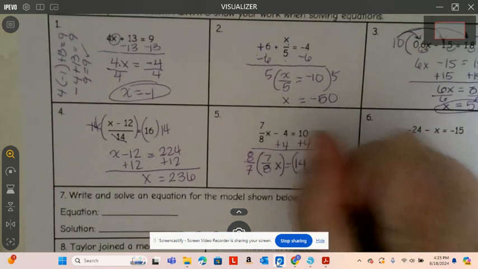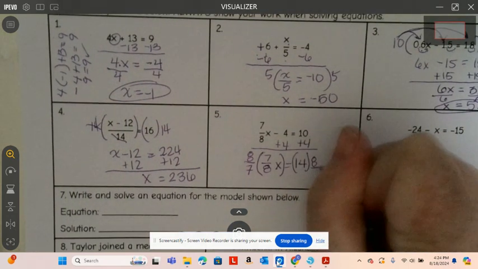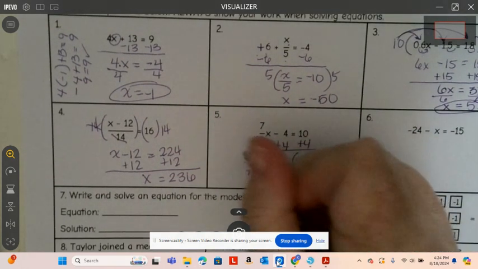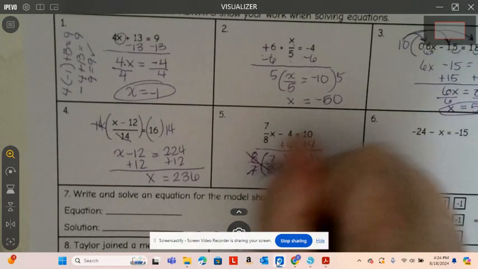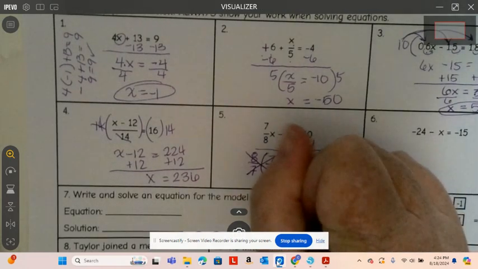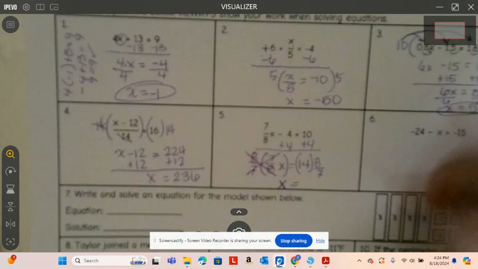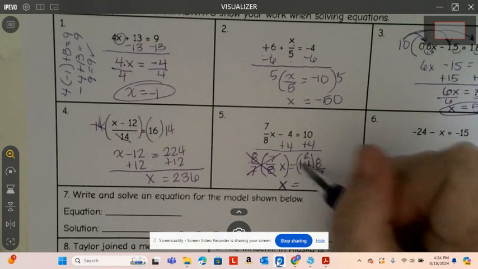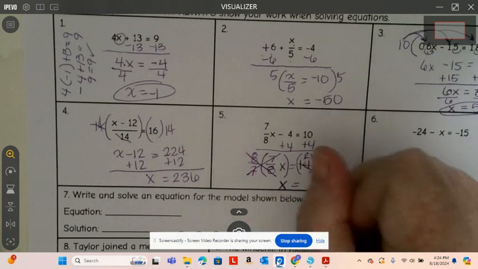I'm going to do the same thing on the other side. Okay. The 8's cancel each other out, the 7's cancel each other out. I'm left with just x is equal to, I can say 14 divided by 7 is 2. So that puts a 2 up here at the top, canceling those out, and 2 times 8 is 16.